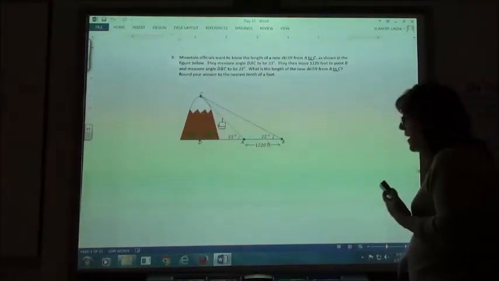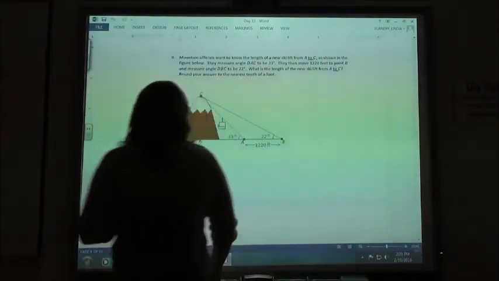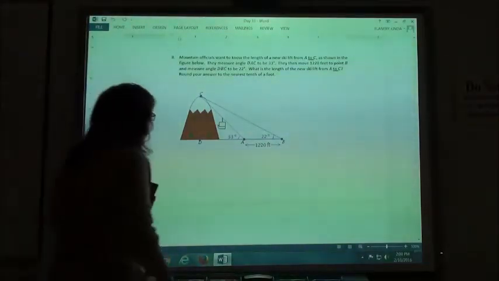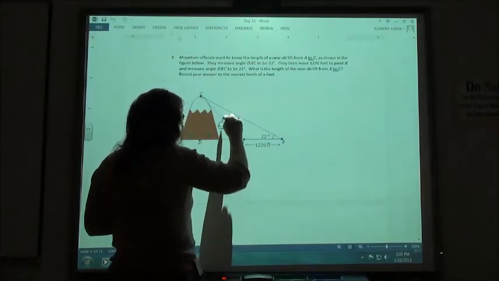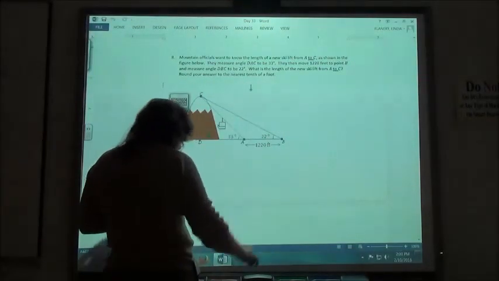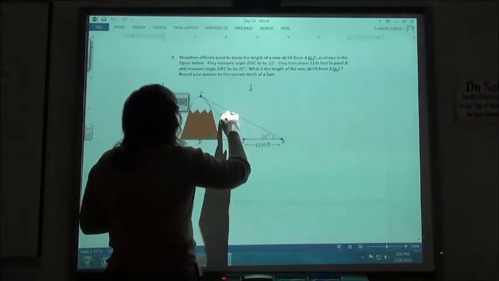Number 8, going to be the same kind of thing. Mountain officials want to know the length of a new ski lift from A to C. So from A to C would be this side right over here. Whoops. My board is randomly writing for me again.